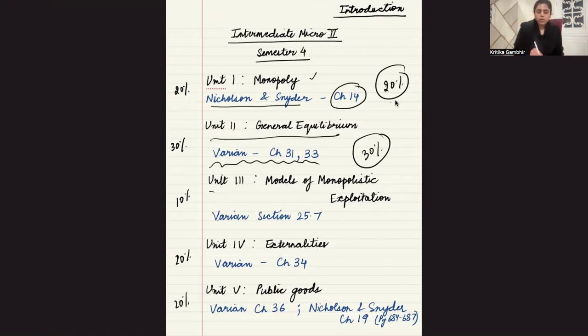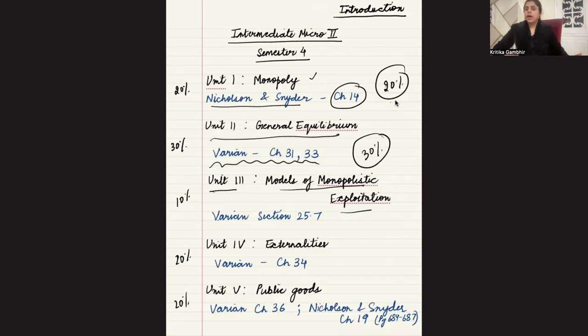Next, we move to unit number 3, models of monopolistic competition. This is again another kind of market structure. Till now, we have discussed perfect competition. Monopolistic competition is the market that we typically see, for example Coke and Pepsi. It is a monopolistic competition market.